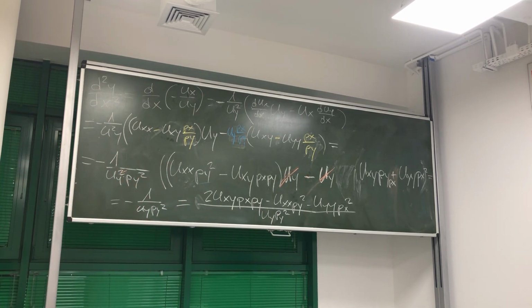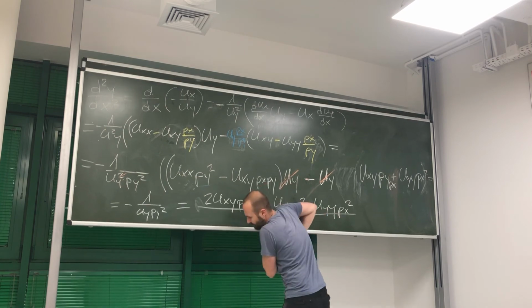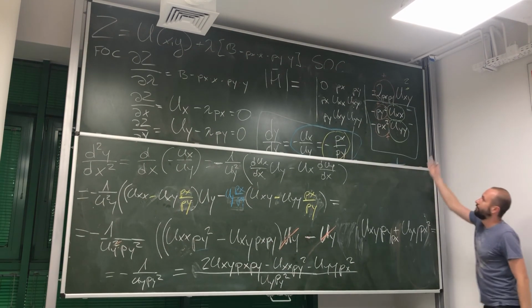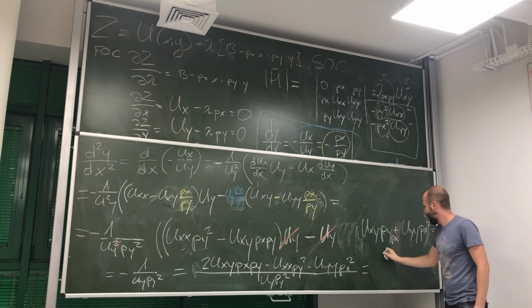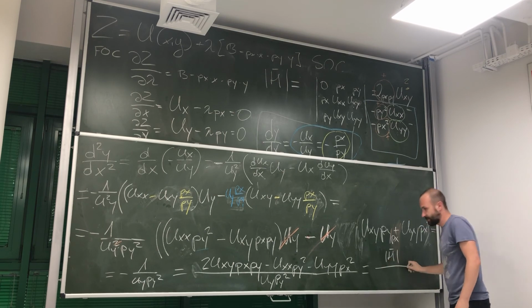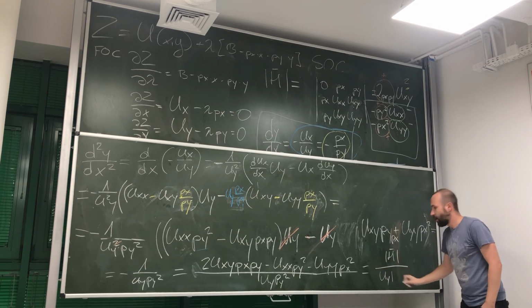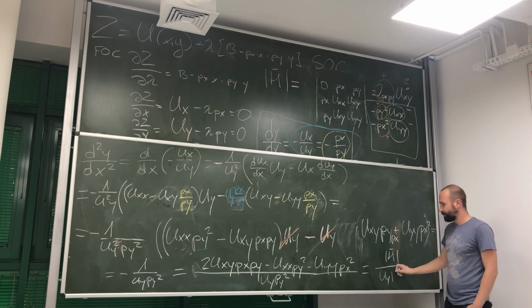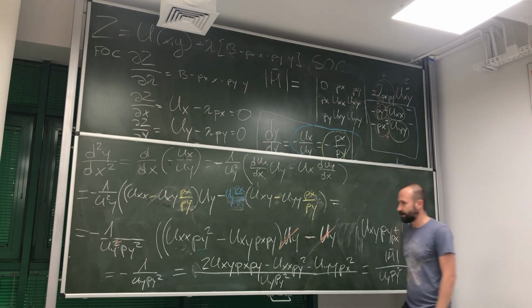What can we say about this expression? This expression is something you know very well. This is a Hessian divided by simply the marginal utility with respect to good y, which is positive, multiplied by the price of good y squared, which is also positive.